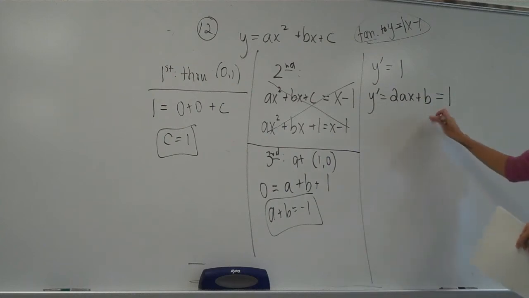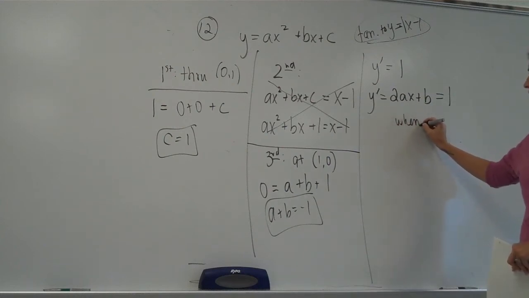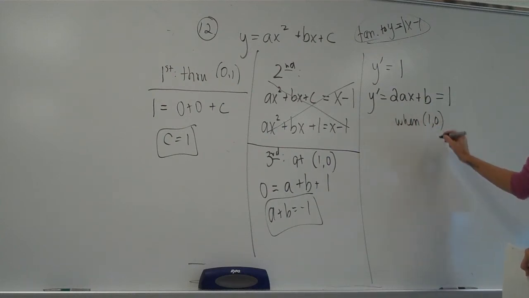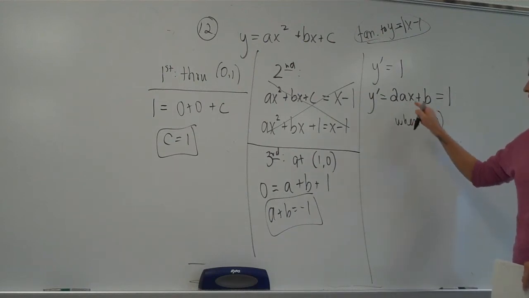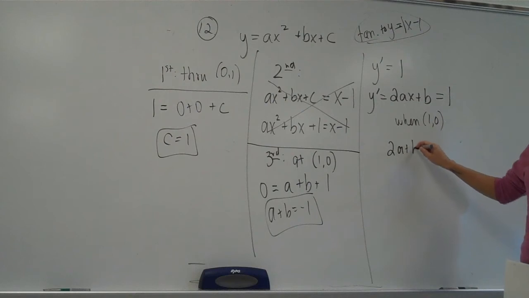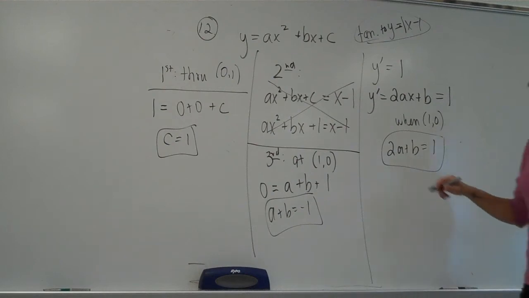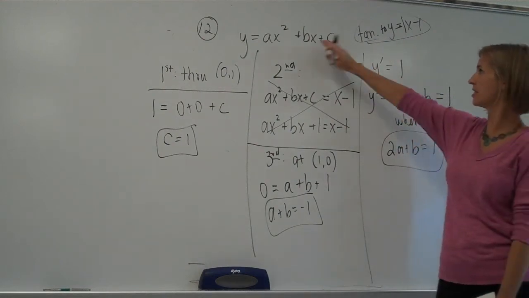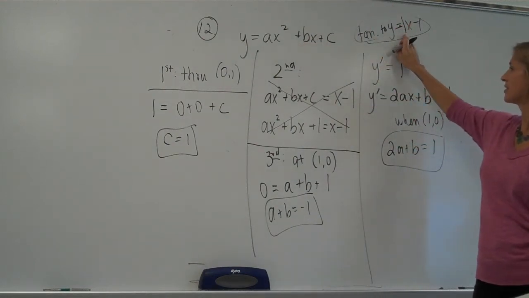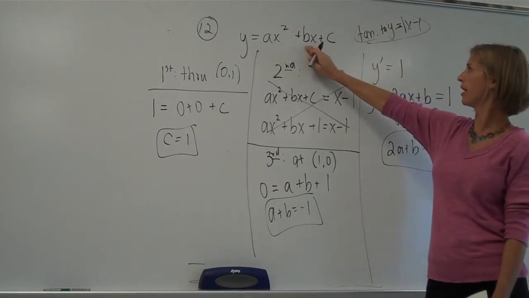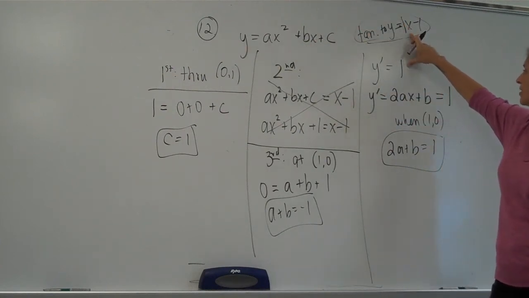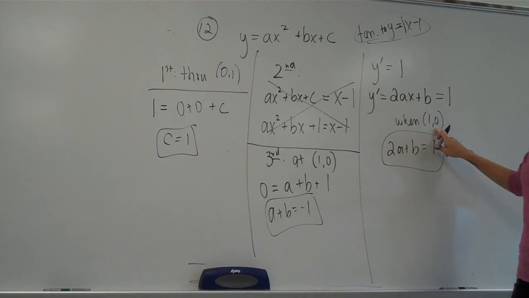And I know that it should equal 1 when I'm at the point (1, 0). So if I plug in 1 for x, I'll have 2a plus b equals 1. I know that that's also going to be true. This is a hard problem, right? So this piece of information is this parabola is tangent to this line, so therefore this parabola must have a slope of 1 at that point (1, 0).